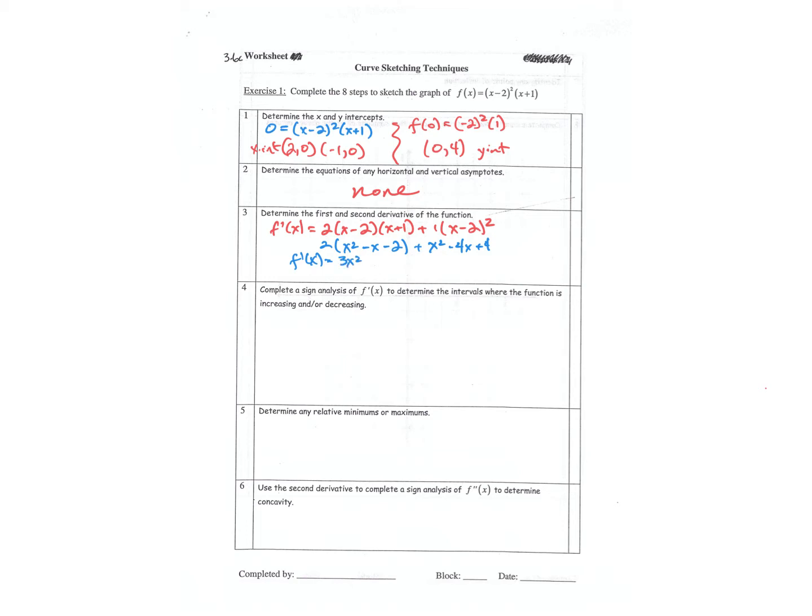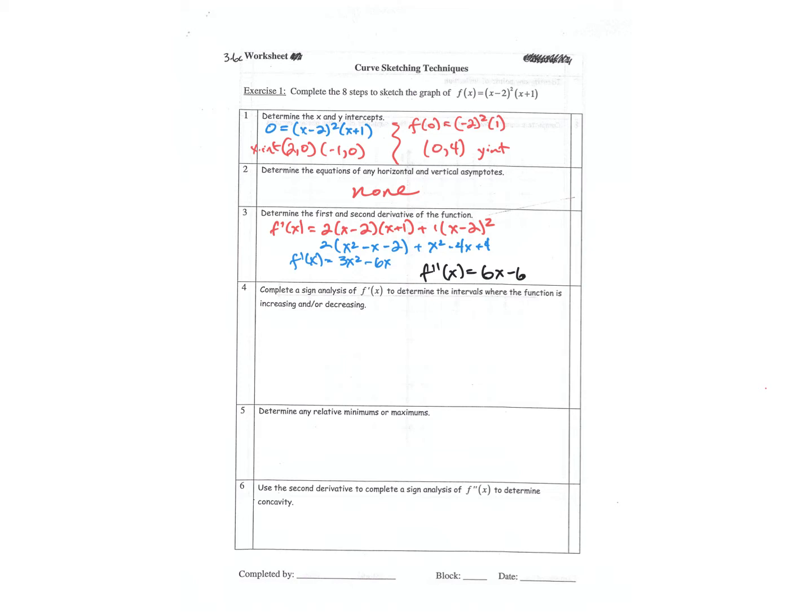And then I have a negative 2x and a negative 4x, which becomes what? Negative 6x. And then I have a negative 4 and a positive 4. What happens? They cancel, so that's cool. And then from there, I can easily find a second derivative. Do you see why I simplified that one before I took a second derivative? Okay, it's going to make your life a little easier. All right, so f double prime would end up with what? 6x minus 6, right?